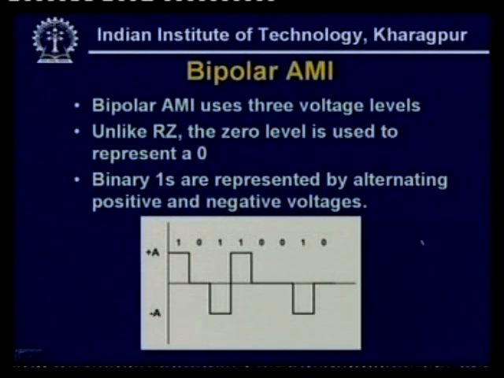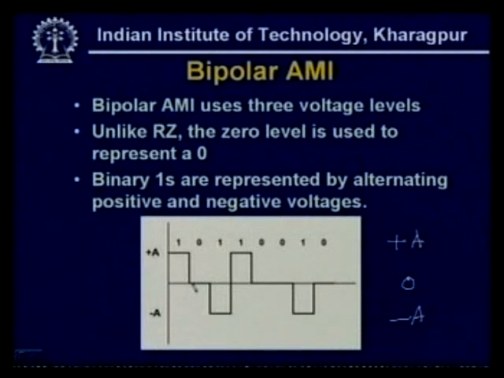It uses 3 voltage levels, these are plus A, 0 and minus A. And unlike return to 0, the 0 level is used to represent 0 here. In case of RZ encoding, the 0 voltage level was not representing either 0 or 1.